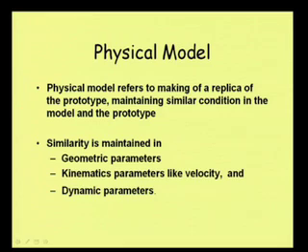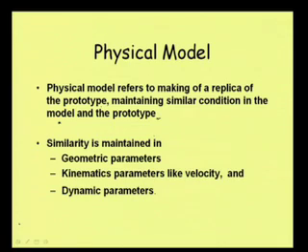Well, so what is a physical model? A physical model refers to making a replica of the prototype, but maintaining similar conditions in the model and the prototype. Many a time in our house itself, we can see someone constructing a model of a house for decoration. Say, a model of a bird someone is making, that sort of model people keep on making.